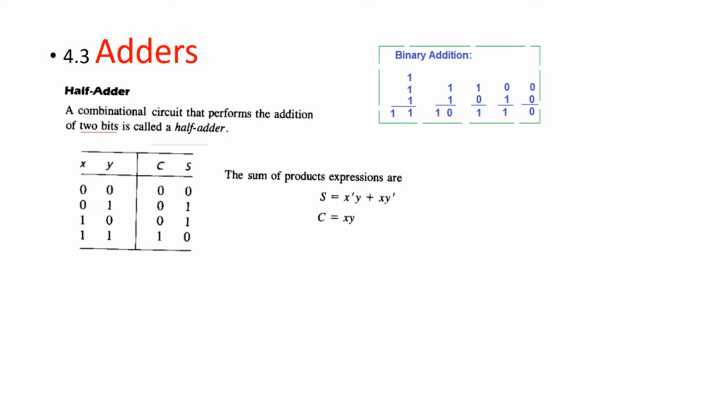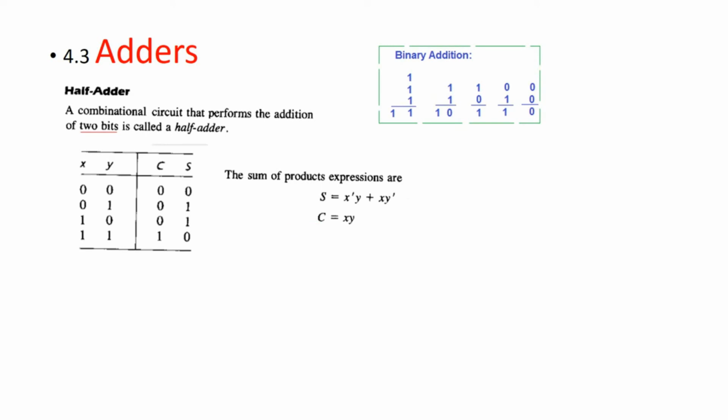X is 0, that means we'll write X dash, and Y is 1, so we'll write Y. So X dash Y. Then there is another 1 at the sum, so we'll OR it with the positive sign, and this is when the input X is 1 and Y is 0, so that means it's X Y dash. So this is the expression for the sum term.